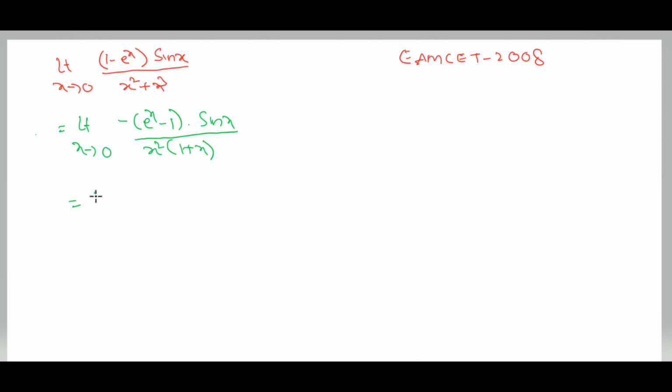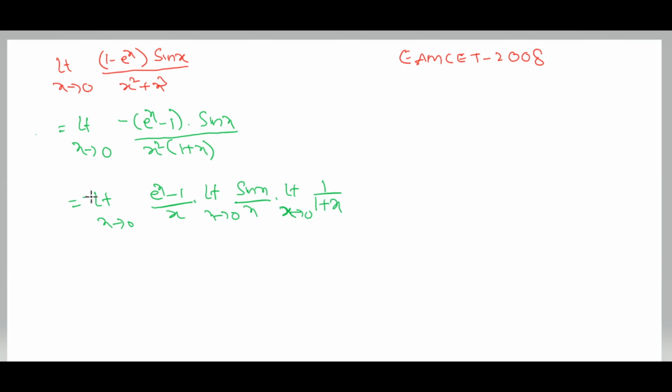This is equal to limit x tends to 0, (e power x minus 1) by x, this x square is written as x into x, into limit x tends to 0, sin x by x, into limit x tends to 0, that is 1 by 1 plus x.